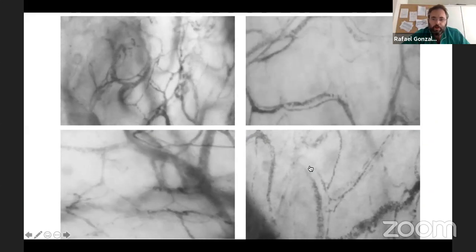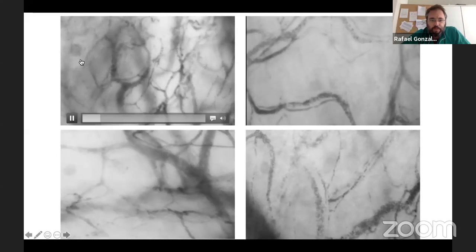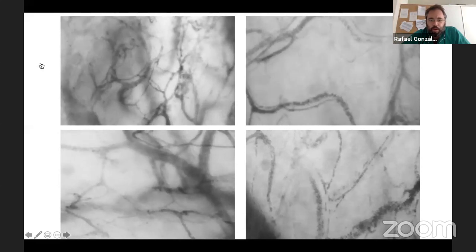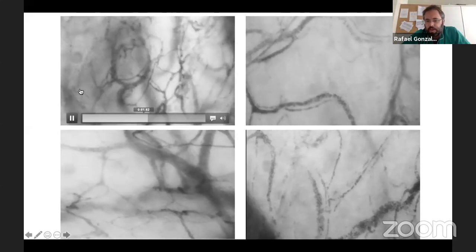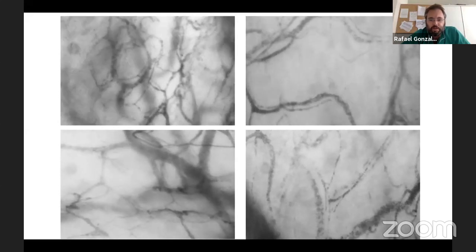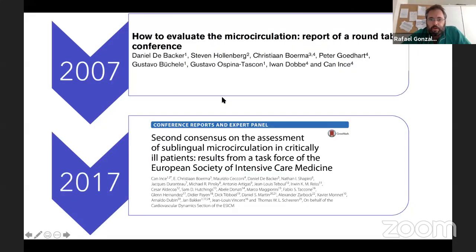These are some other images. We can see how they look different. The ones on the left might look a bit healthier, with more density of capillaries and red blood cells moving faster than the ones on the right. There are two papers that gather all the information to evaluate microcirculation using videomicroscopy.